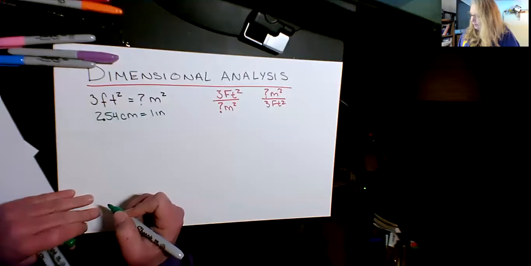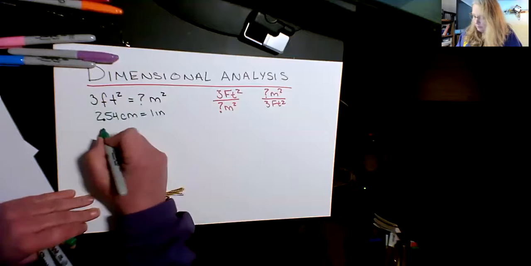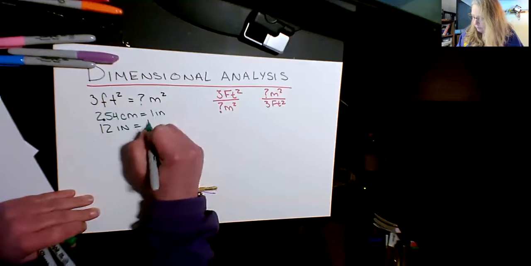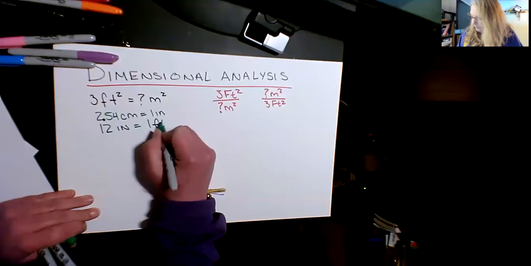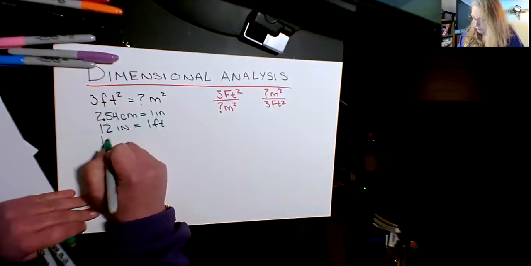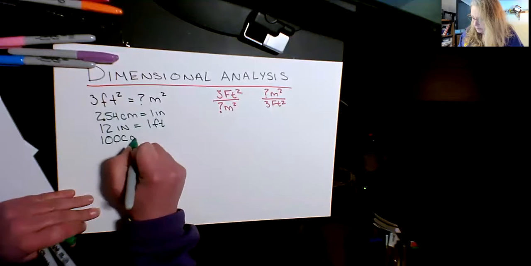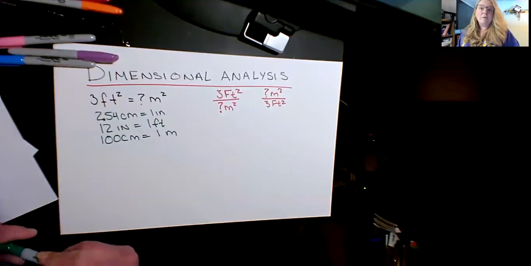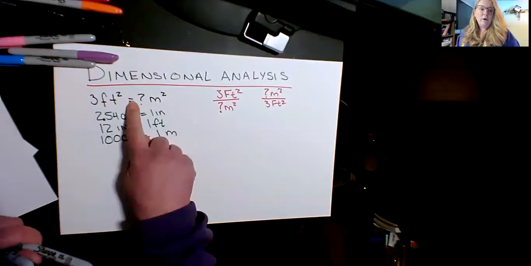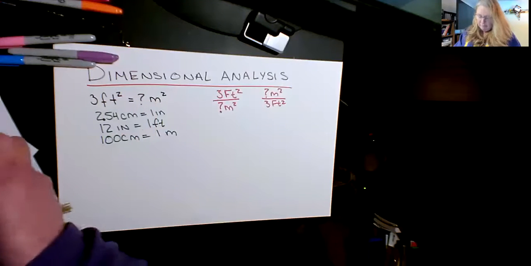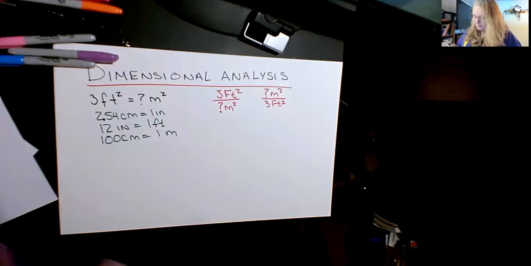And I know that there are 12 inches in 1 foot. And there are 100 centimeters in 1 meter. So those are the conversions that I can use to go from this to my meters squared and find out what this conversion factor is.